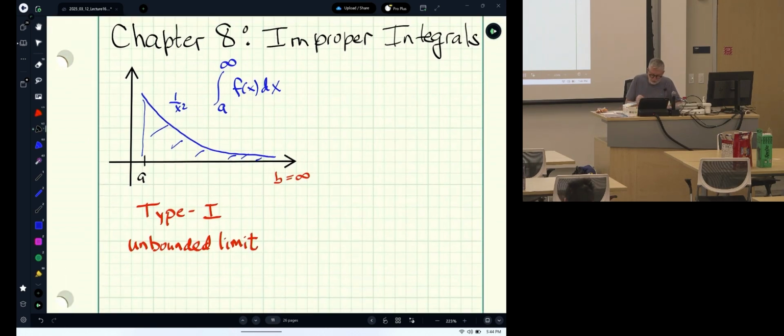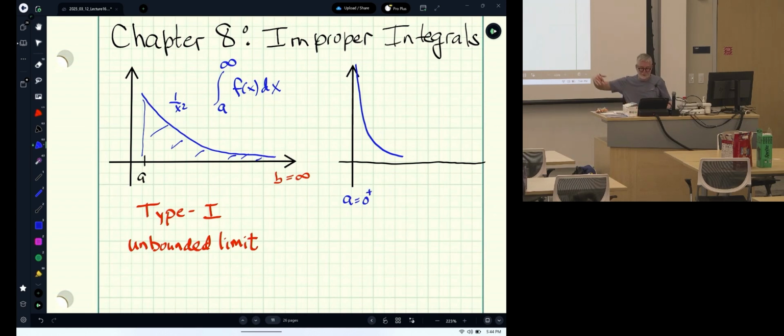Now there's a second kind of improper integral. Surprise, surprise, it's a type 2, okay? Here, a equals, say, 0 plus. So we've got a vertical asymptote. The function 1 over x shoots up to infinity there.